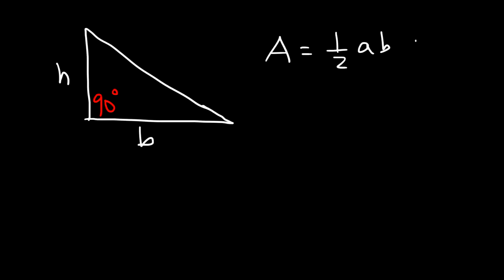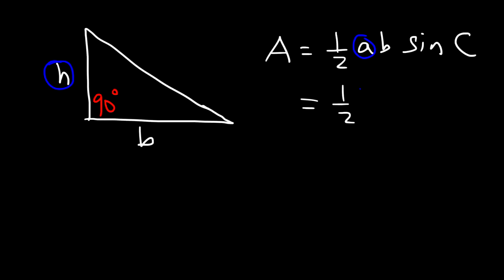Now let's say we have a right triangle where this is the base, this is the height, and the included angle is 90 degrees. Let's start with the same formula that we used in the last example, 1/2 A times B times sine of C. In this example, we could say that A is the height.